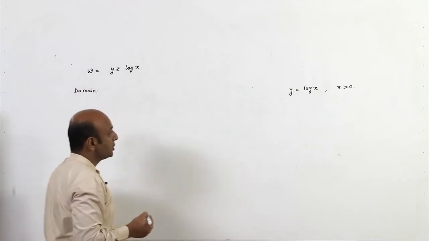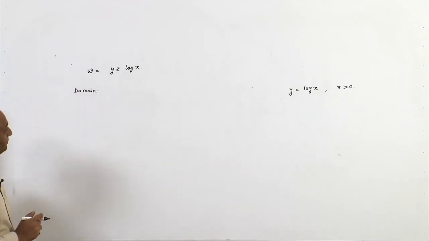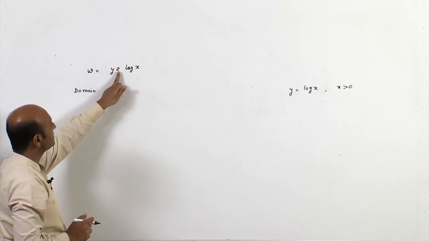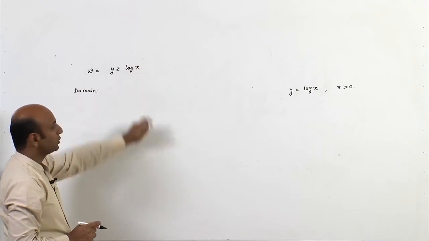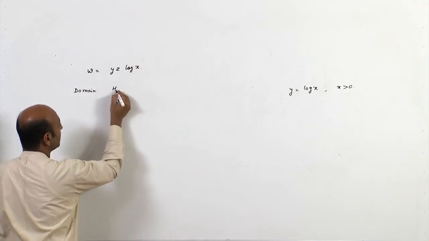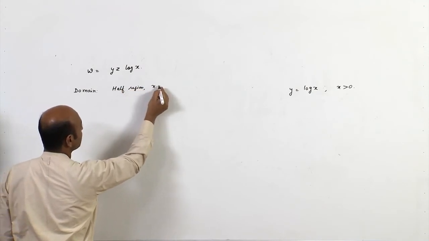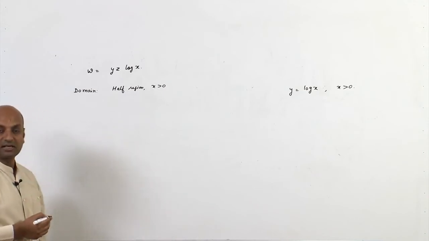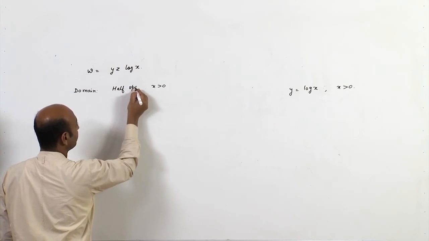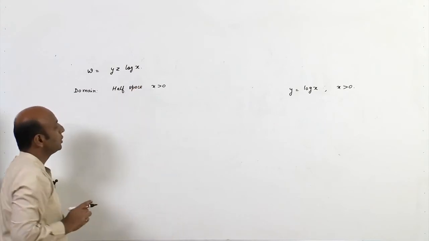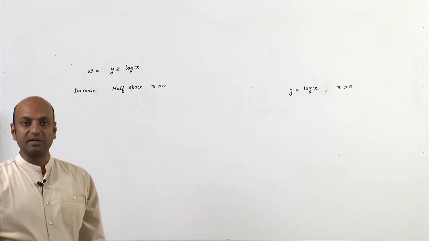For y and z there is no problem, because this is a multiplication of two simple variables, y into z. Now, this log x is defined only when x is greater than 0. So, this will give a half region, or half space we can say, when x is greater than 0. It is all (x, y, z) where x is greater than 0. So, this means half space.